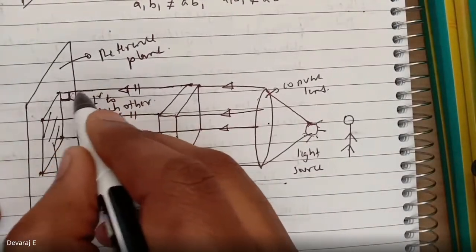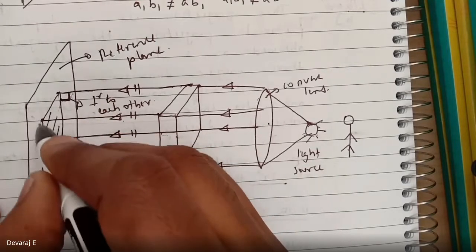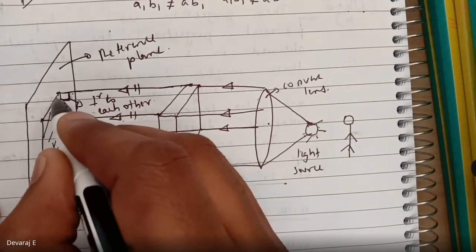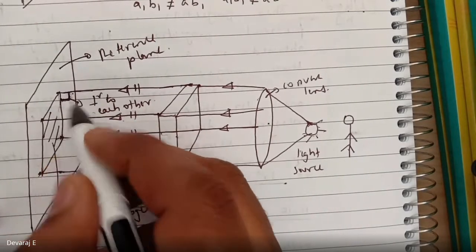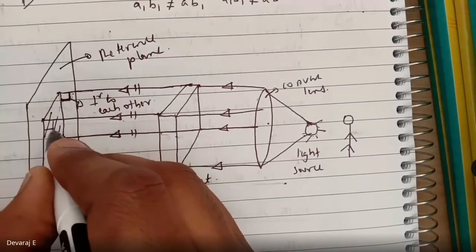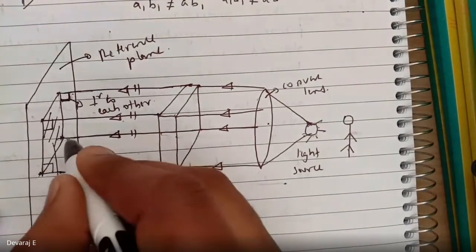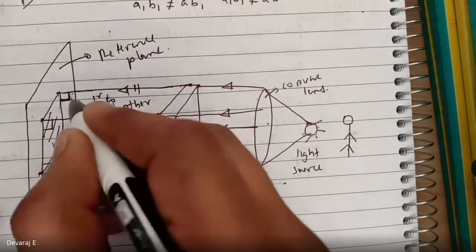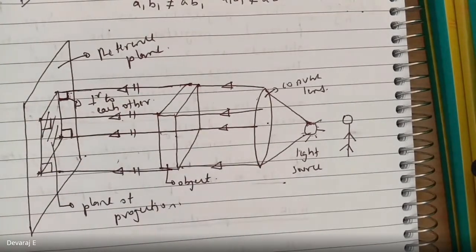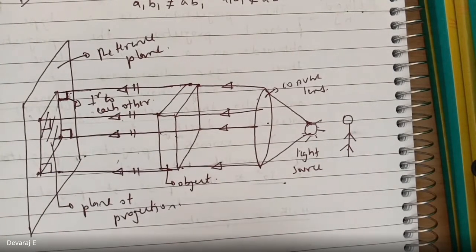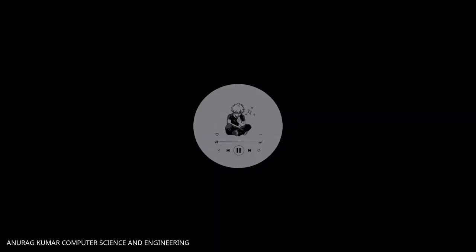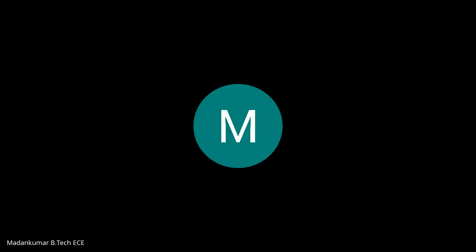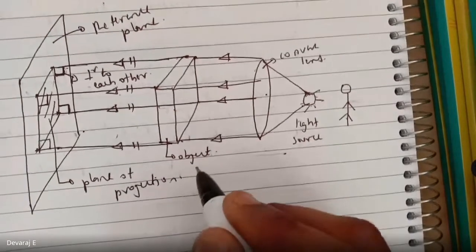This is the line of projectors, and this is the front view, which is falling on the reference plane, so it will be perpendicular. Wherever you find, it will be perpendicular to each other. Right, students? Yes, sir. Everyone is clear with this?